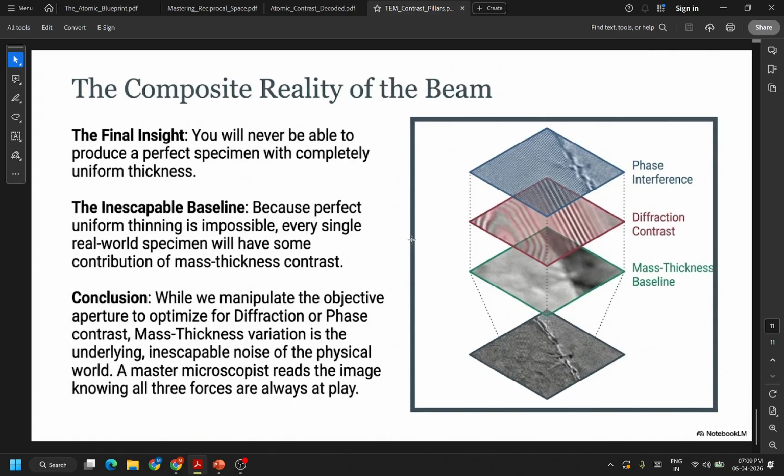While we manipulate the objective aperture to optimize for diffraction or phase contrast, mass thickness variation is the underlying inescapable noise of the physical world. So we have to read the image knowing all three forces are always at play. The final image will have a combination from all three and we have to separate them accordingly.